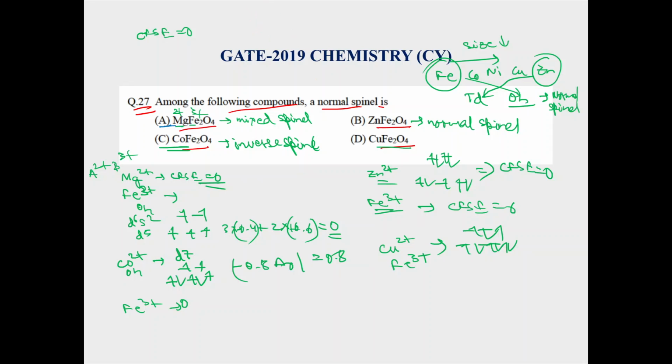That means it is a d9 system. Yeah. It is a d9 system, and Fe3 plus has a CFSE value of 0. So here also A2 plus octahedral has a higher CFSE value than B3 plus octahedral. That means it will also give an inverse spinel structure.